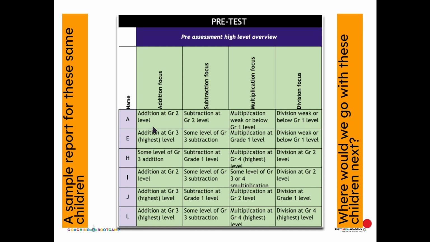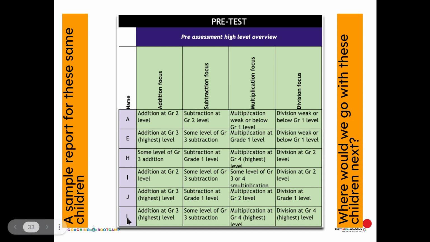So from this assessment, child A, their addition is at grade 2, their subtraction is at grade 2, their multiplication is very weak or below grade 1, their division is weak. So depending on what club this is for, let's say it's a grade 4 club, that child needs a lot of work. That child needs to have focus across all of the operations.